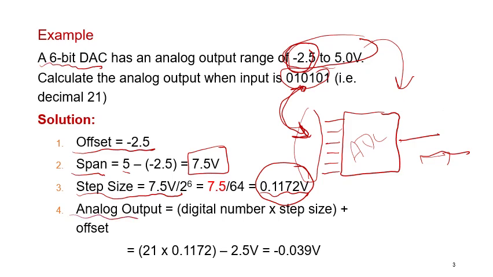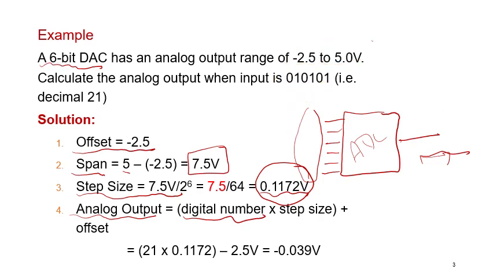Now I can calculate. The analog signal will be equal to the digital value, but I have to express the digital value in decimal for this formula. In the question, he gave us the value, saying this is the digital value, which is equivalent to this decimal.